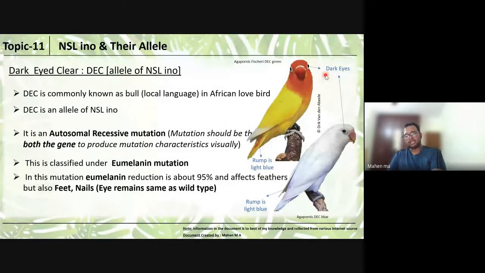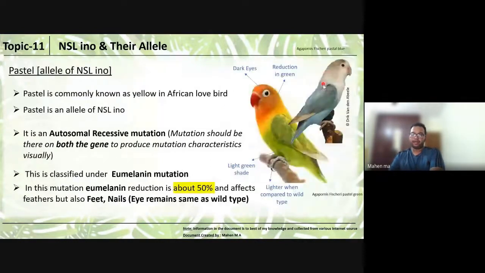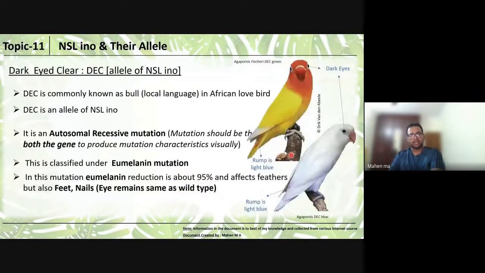Now you can see the difference. Here there is 50% reduction in eumelanins, so you can still make some differentiation between the oranges or the greens and all those things. But when you come to deck, there is 95% eumelanin reduction. So this almost looks like an Ino bird.